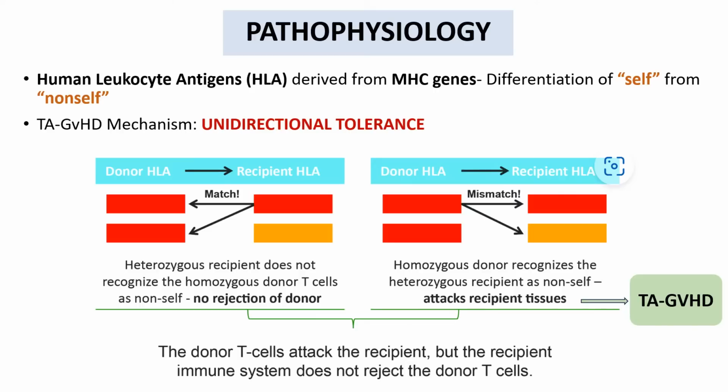The heterozygous recipient does not recognize the homozygous donor T cells as non-self, so there is no rejection of donors. However, the homozygous donor recognizes the heterozygous recipient as non-self and hence attacks the recipient tissues, leading to TA-GVHD. So basically, the donor T cells attack the recipients, but the recipient immune system does not reject the donor T cells.